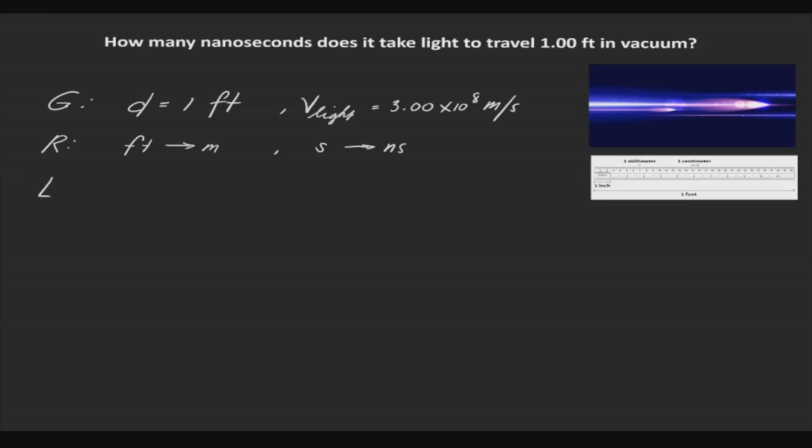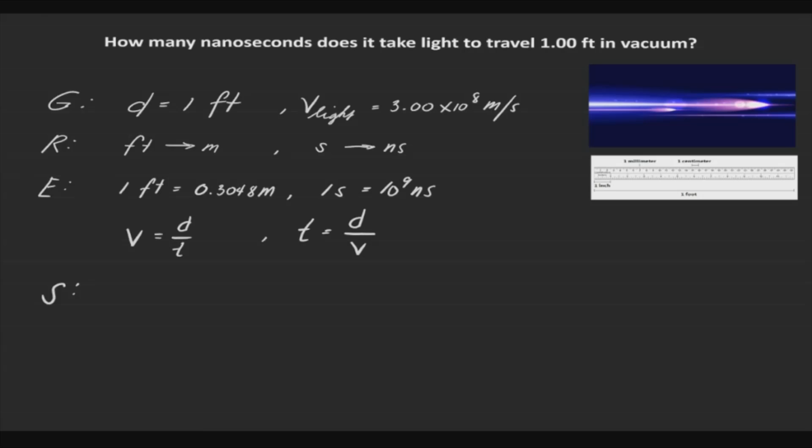In our equation, we take note of our conversion factor. For every 1 foot, we have 0.3048 meters. And for every 1 second, we have 10 to the power of 9 nanoseconds. We have to remember that the equation for velocity is displacement over time. Here we can derive the formula for solving time, which is equal to displacement divided by velocity.